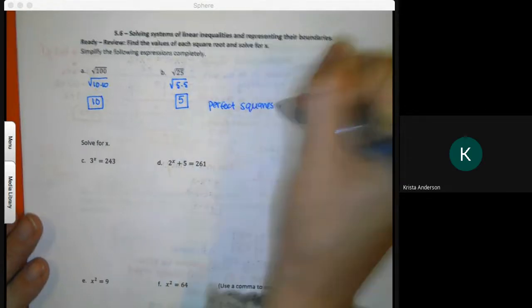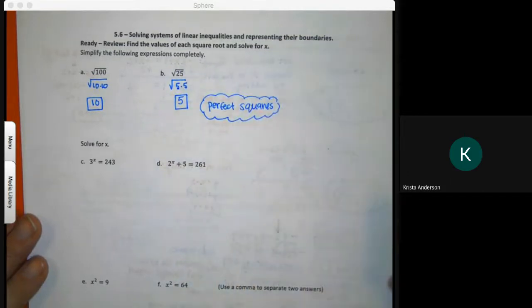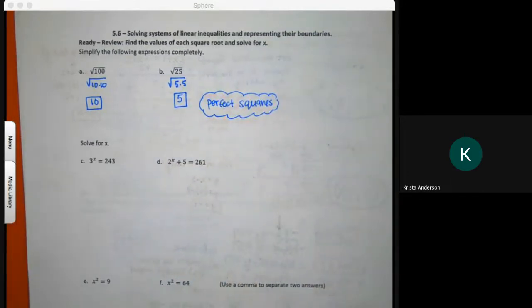Can anybody think of another number that would be a perfect square? 9, because it's 3 times 3. What else? One more perfect square. 4, because 2 times 2. Those are perfect squares, the same number multiplied.